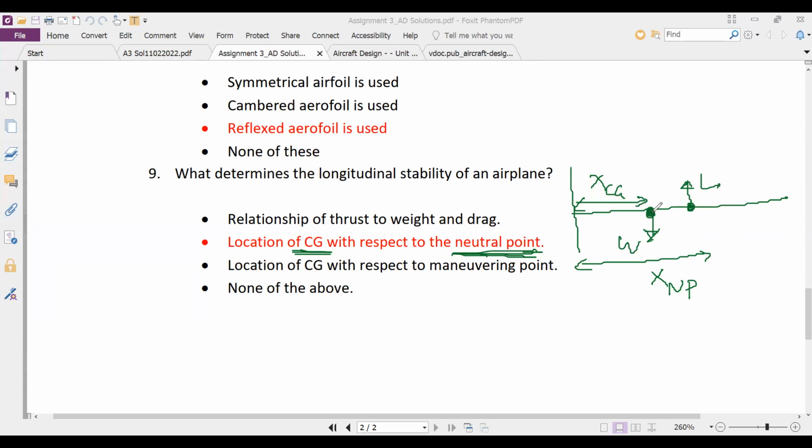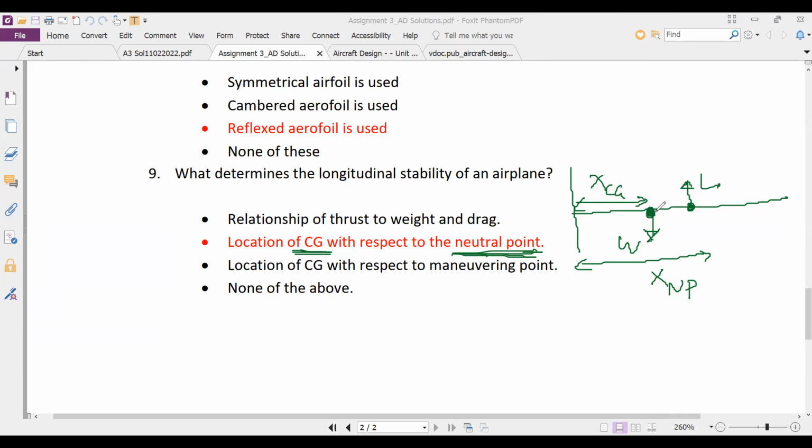So let's say I increase the angle of attack. Some wind gust came in and it increased the angle of attack. What will happen to the lift? The lift will increase, sir. Lift will increase.